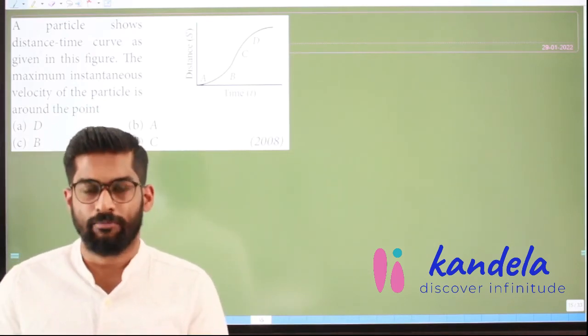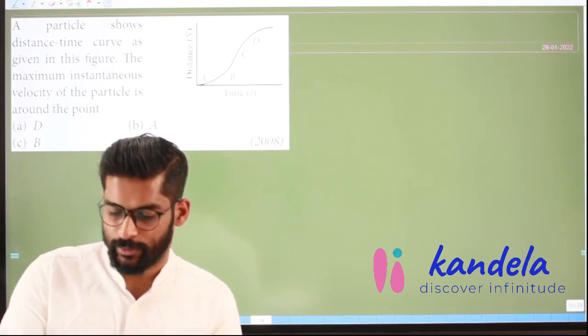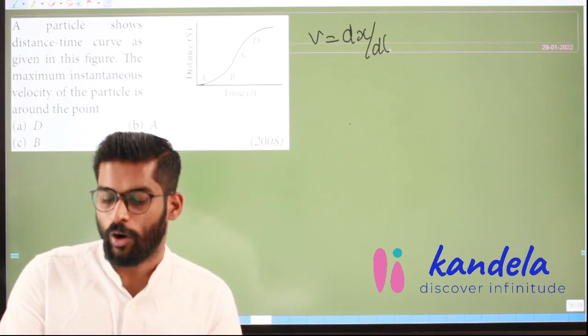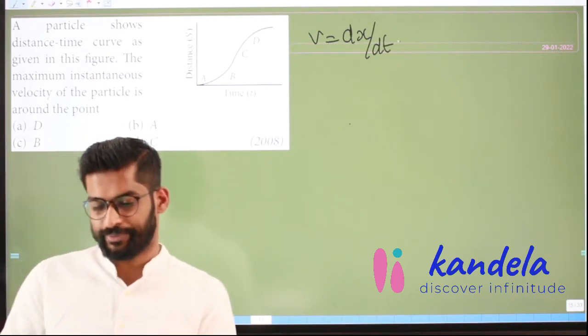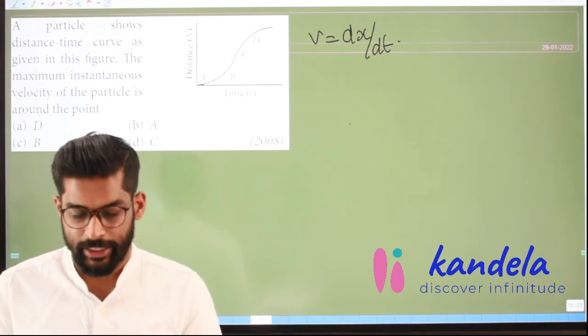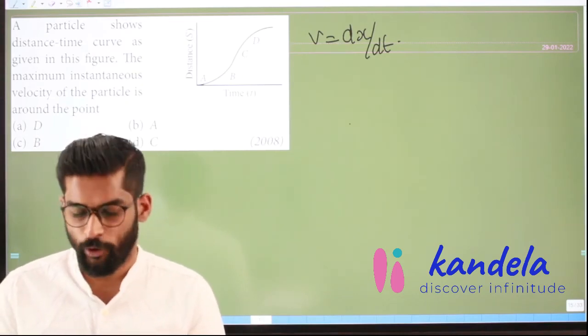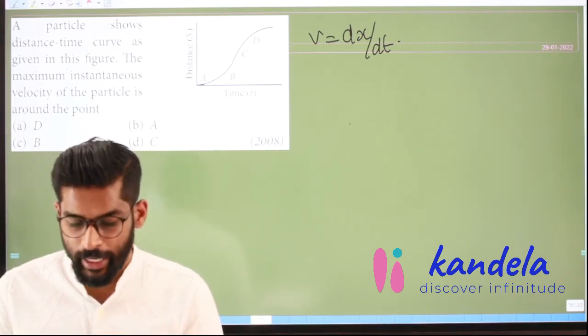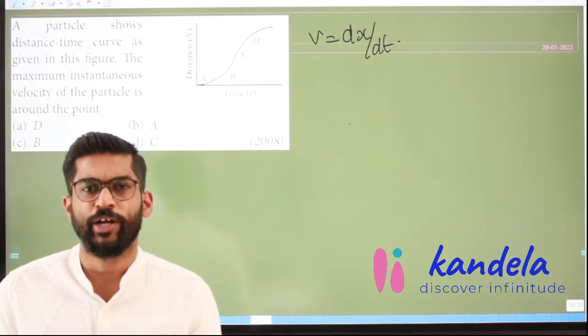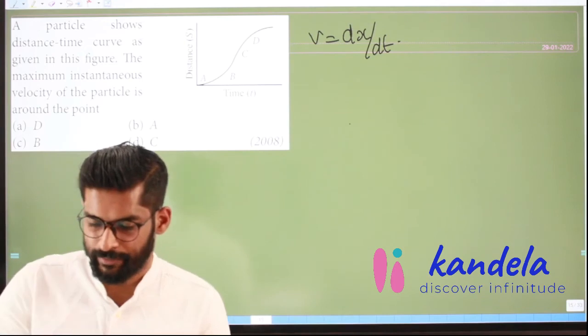So let us start by defining what is the instantaneous velocity. We know instantaneous velocity is nothing but the derivative of the position. Now, different from the previous session, we don't have an equation for x of t, but instead we have a graph. So what do you mean by derivative of a function?